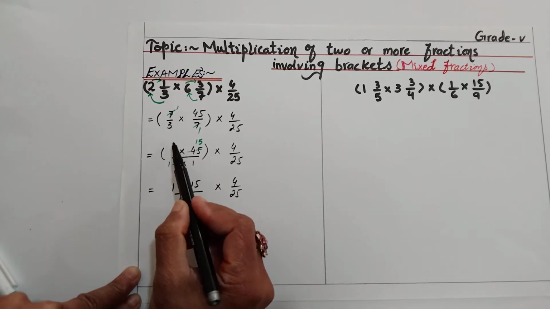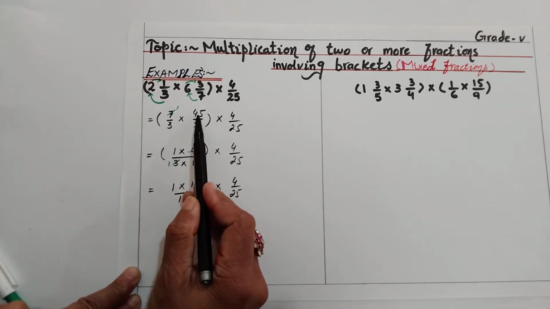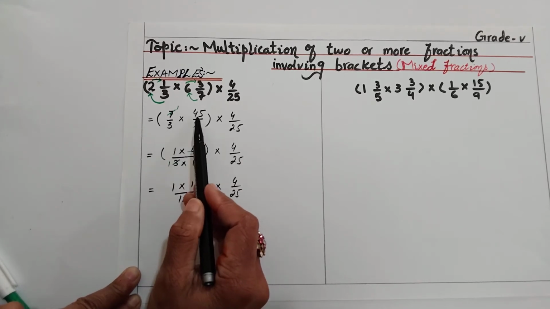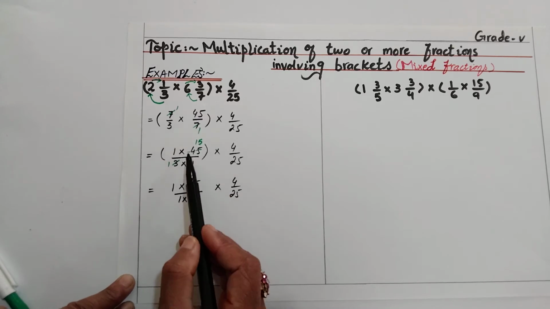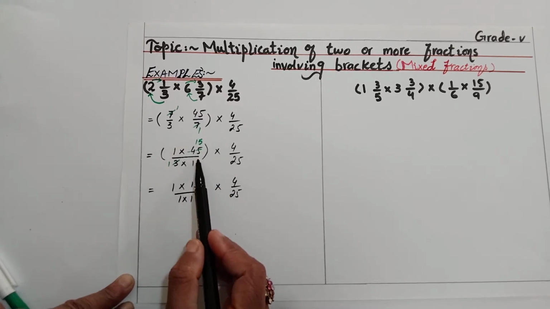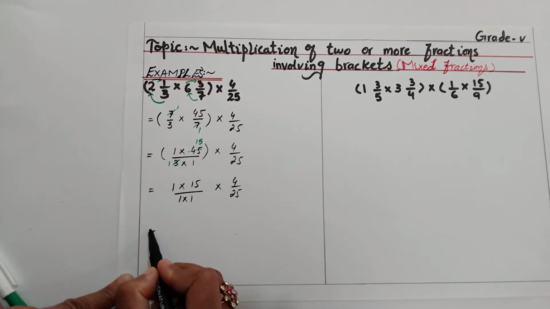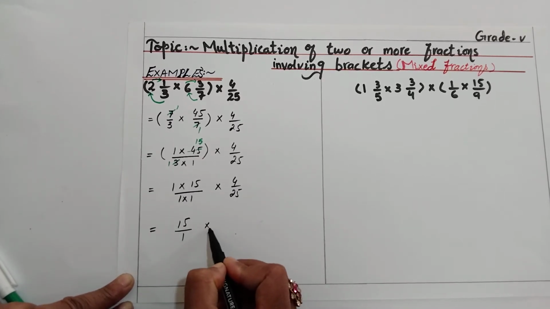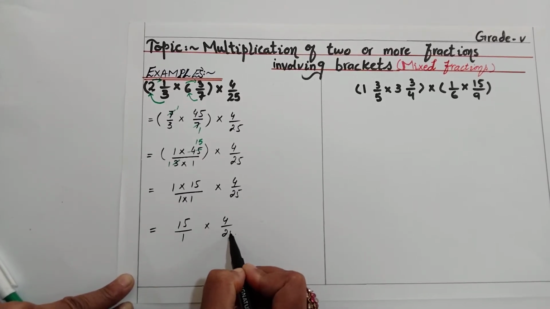As I told you, you can also do the cancellation of 45 and 3 in the same place, but if you want to do it separately then you can do it in the next step like this. Now 15 ones are 15, 1 ones are 1 and 4 over 25.